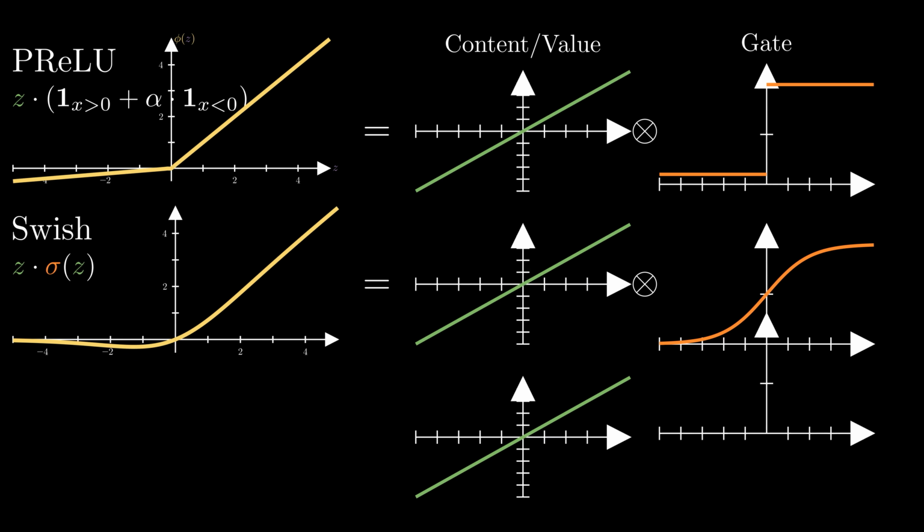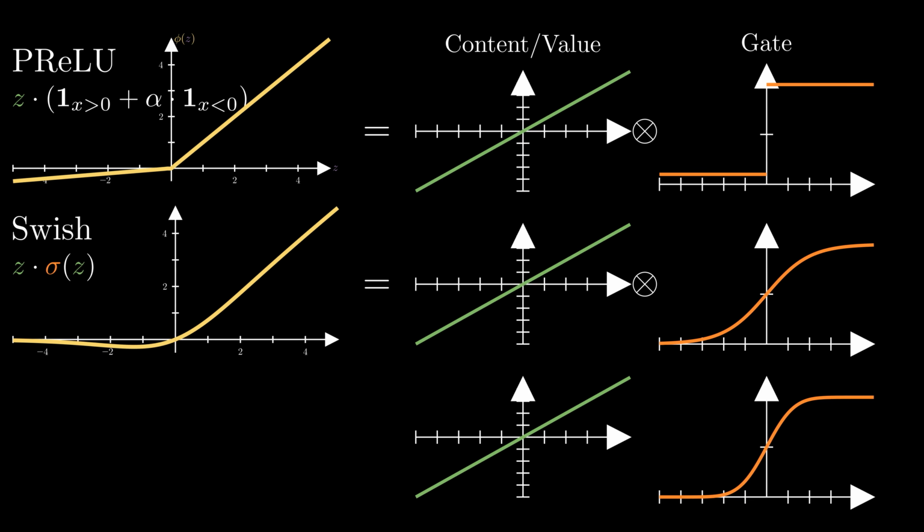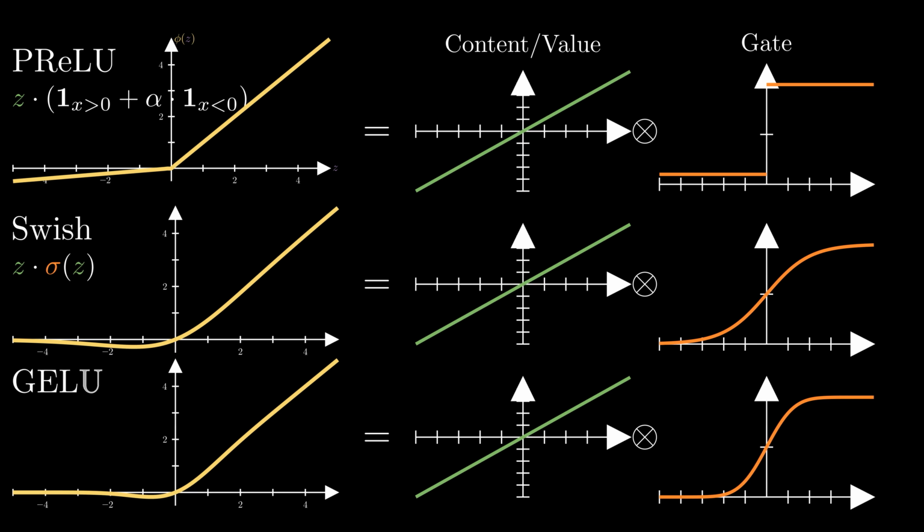Alternatively, we can choose a different smooth gating function, the cumulative distribution function, CDF, of a standard normal distribution. Like the sigmoid function, the CDF maps the input smoothly to a value between 0 and 1. Multiplying this Gaussian gate by the input z yields the GELU activation.